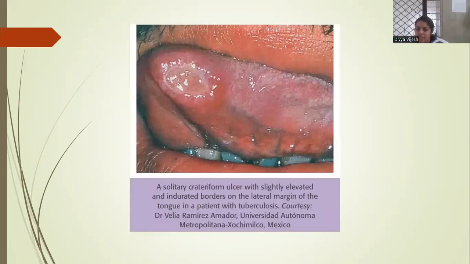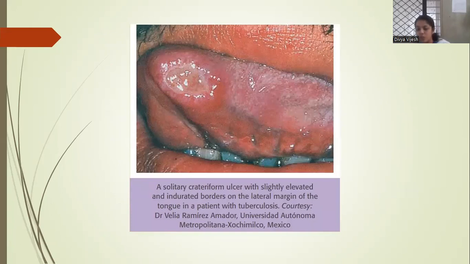So you can see a solitary crateriform ulcer with slightly elevated and indurated borders on the lateral margin of the tongue. You can give a differential diagnosis of carcinoma also in this, right? In a tuberculous ulcer you can feel this induration, so you can give the differential diagnosis of squamous cell carcinoma also.